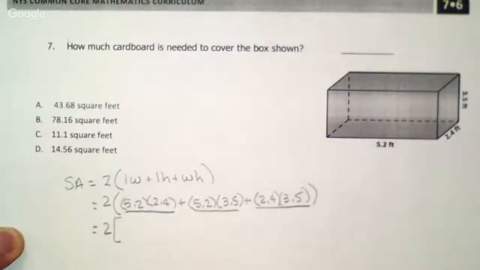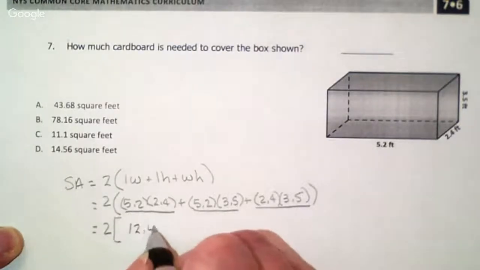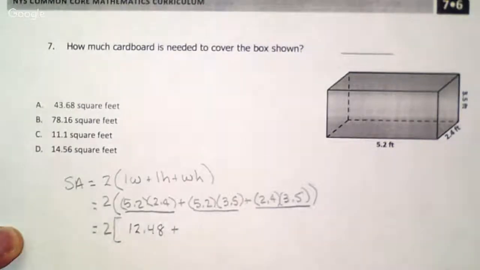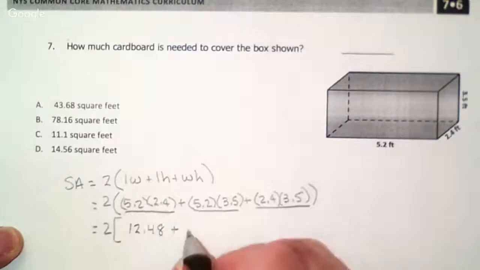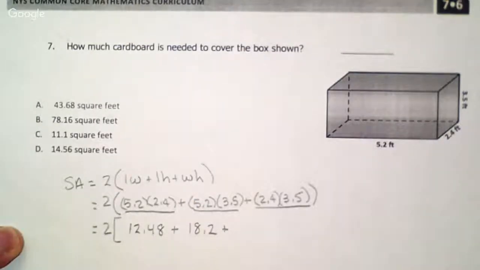So the first one is 5.2 multiplied by 2.4, which is going to give you 12.48. So we've got 12.48 plus 5.2 multiplied by 3.5, that's going to give us 18.2. Plus 2.4 multiplied by 3.5, and that will give us 8.4.